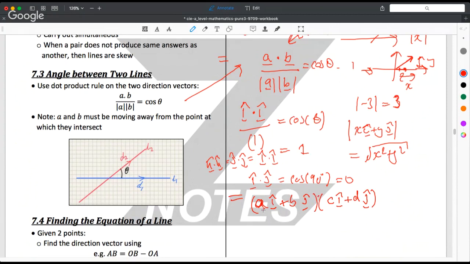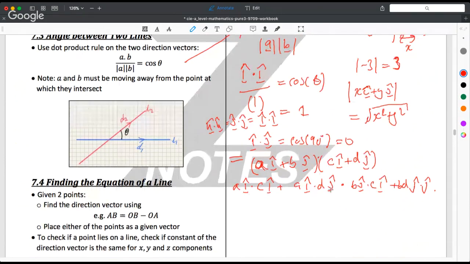Well, if I just tell you that this behaves just like a normal number, so it's lots of i, then when we multiply this through, we will get an ai dotted with ci, plus an ai dotted with dj, plus bj dotted with ci, and then bj dotted with dj. So I'm just multiplying out this whole bracket.